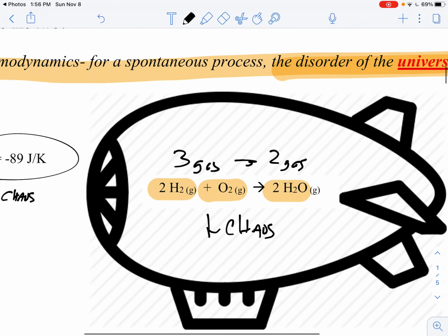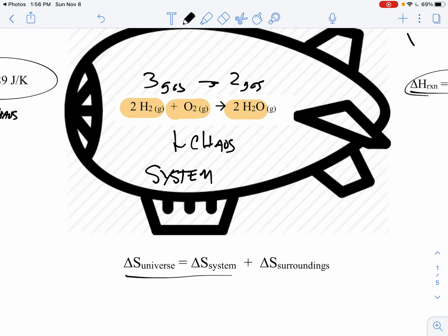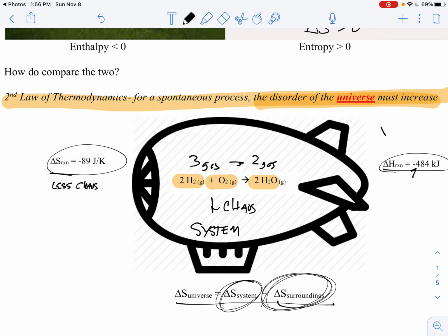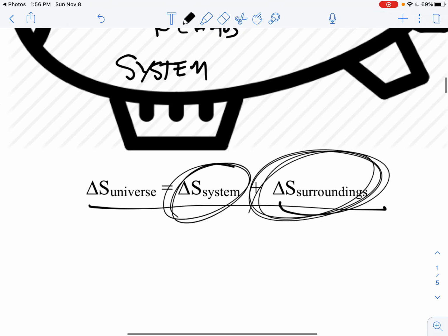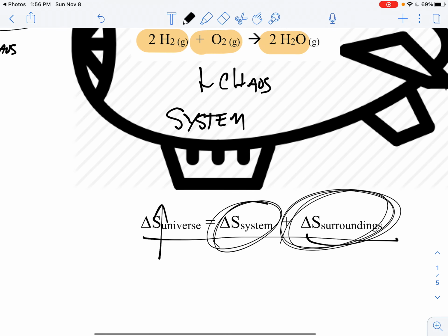Okay, here we go. The chaos is decreasing, but remember, this is just our system. The universe is made of the system and the surroundings. So the second law says that for a spontaneous process to occur, we have to increase the chaos of the universe. Okay, well, hold on.